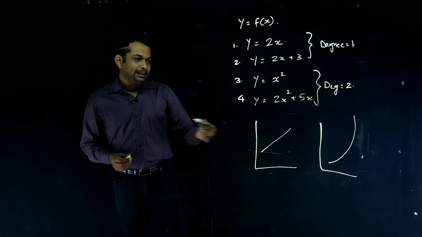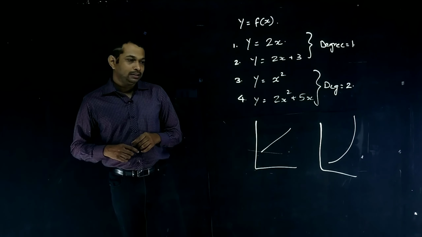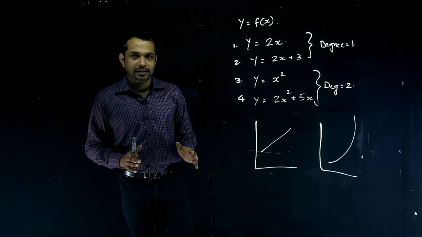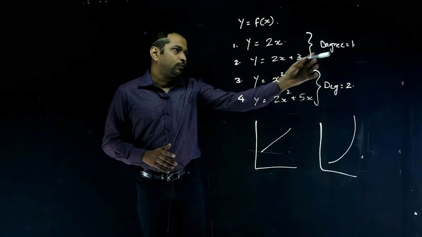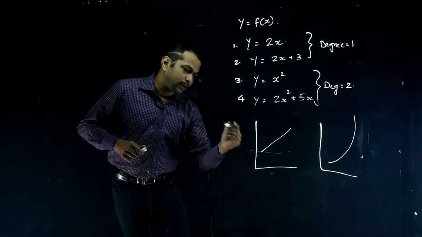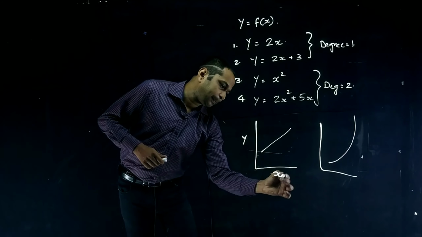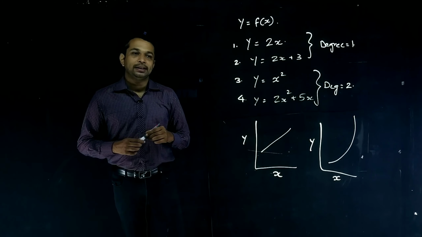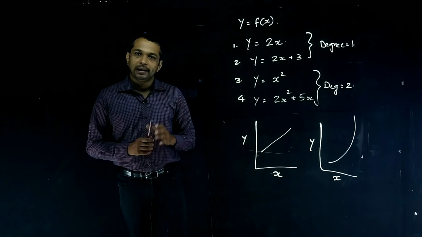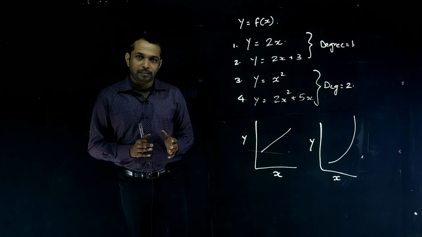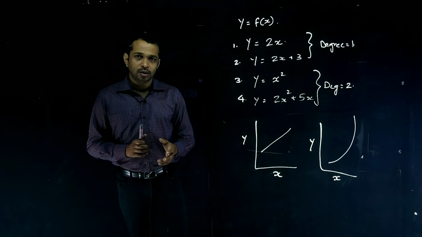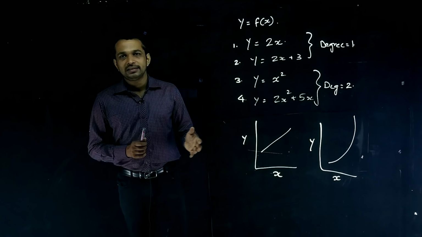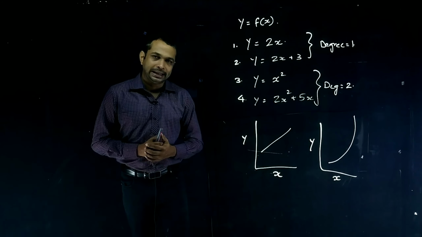This is a general case. For the first degree the graph will be a straight line, and for a second degree equation the graph will be a parabola. Keep this in your mind because this is very helpful when you go to the distance time graph and the velocity time graph.